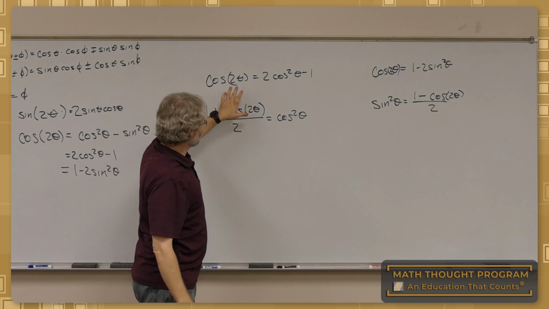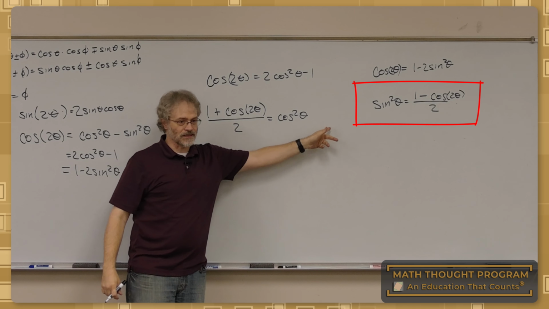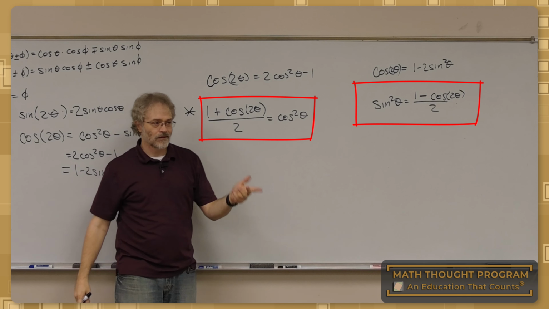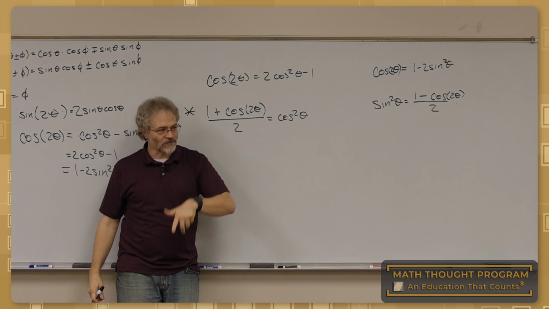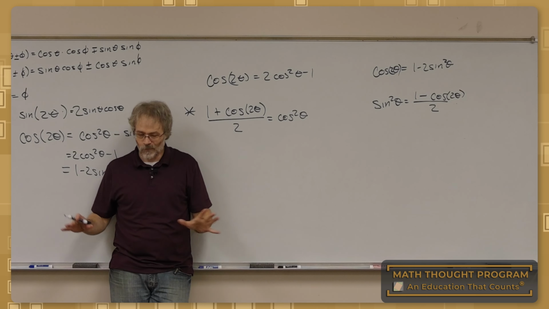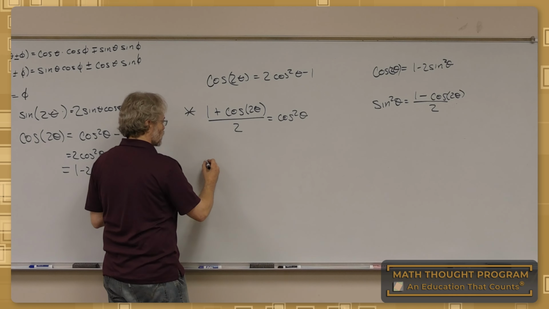And these all came from the double angle identities. These two identities, these are very, very important. You're going to find them in the textbook, but they're going to go a little bit further in the textbook. In the textbook, what they're going to do is take the square root. They're going to do things like this.